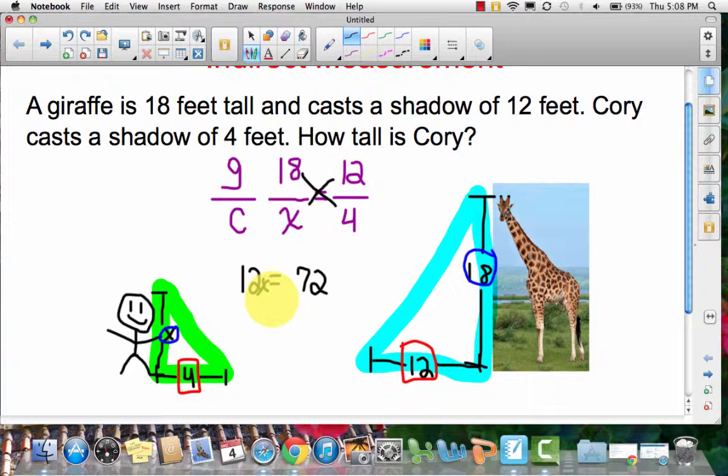Since x and 12 are being multiplied, I'll divide by 12. That eliminates the 12, leaves me with x on the left. Whatever we do to the left, we have to do to the right. So I'm going to divide 72 by 12. And that determines that Corey's height is 6 feet. So I'll label my answer as x equals 6 feet.